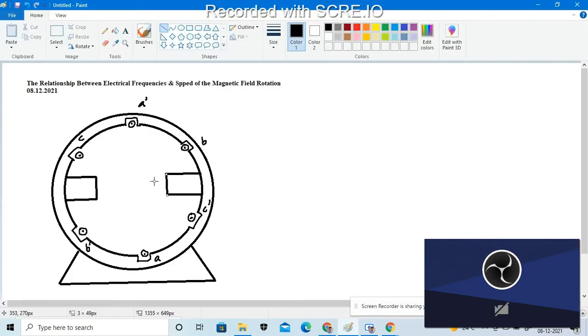Yes. So we are considering the two poles. This is my north pole, and this is my south pole.